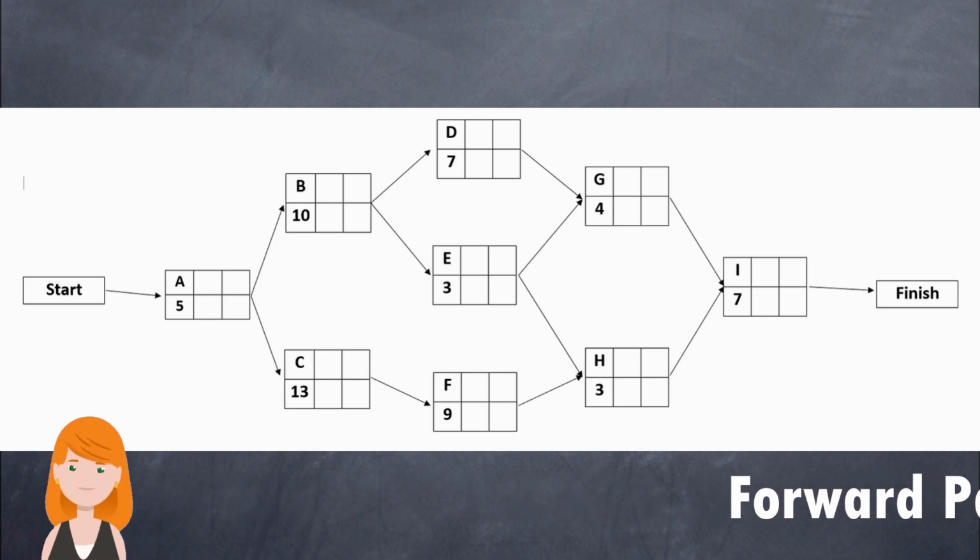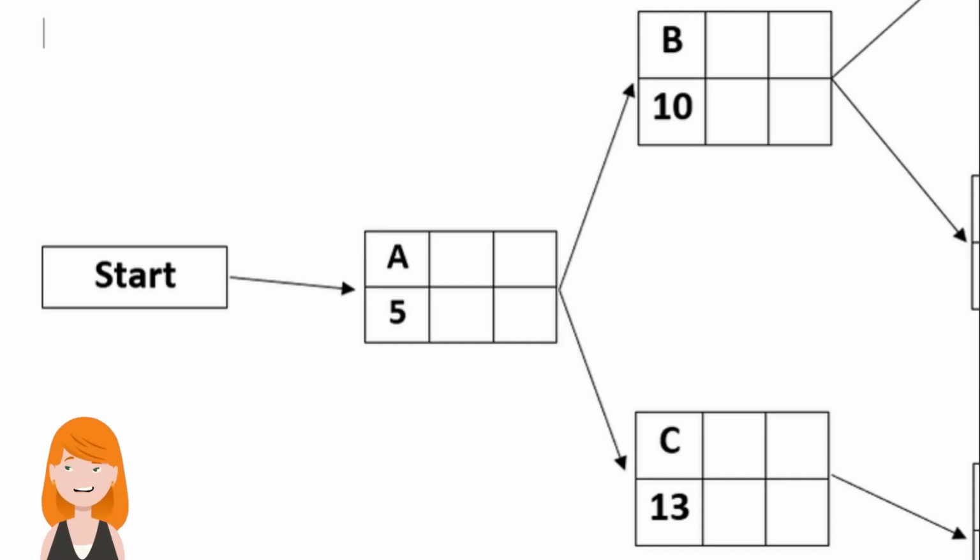Forward pass. Given the earliest start time for activity A is 0, since its duration is 5 weeks, the earliest finish time for A will be 5.